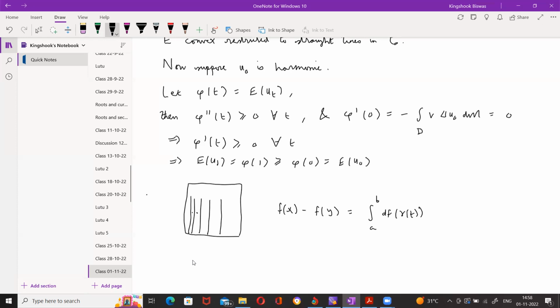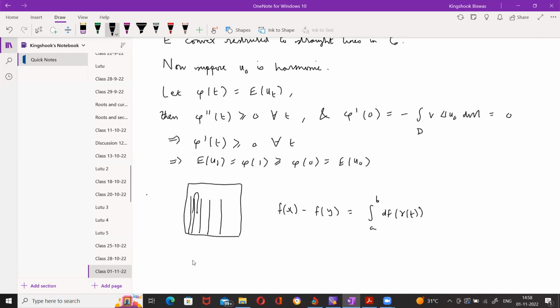But here, to join them, this space will not be what's called locally connected. So you'll have to go out a long way and come back to join these two. So if I want an estimate, the lengths of these gammas are going to go to infinity. So then you can cook up a function so that this distance becomes large. Do you understand?